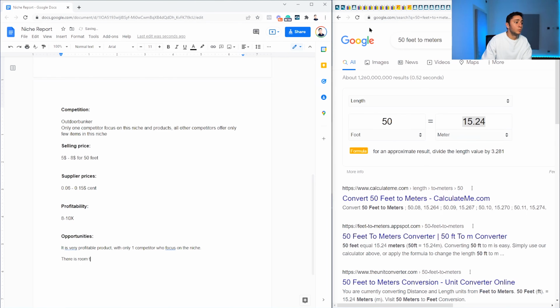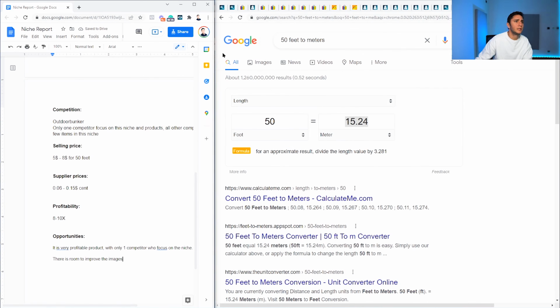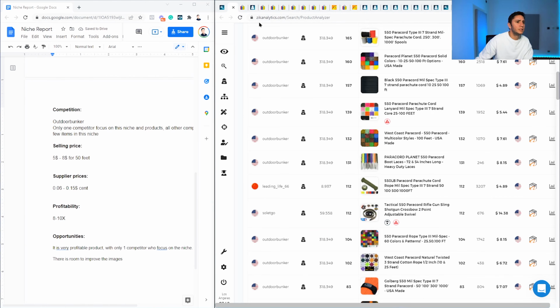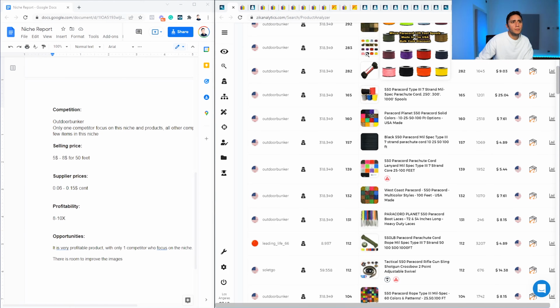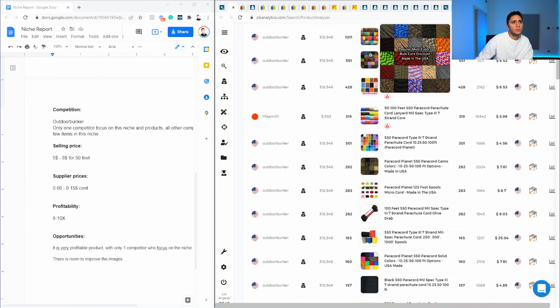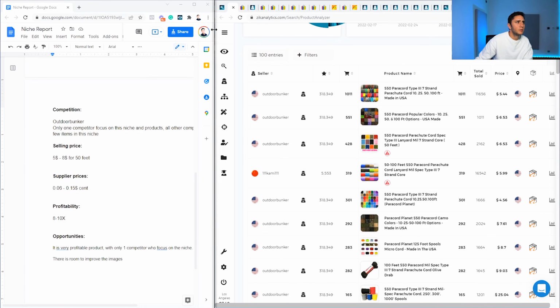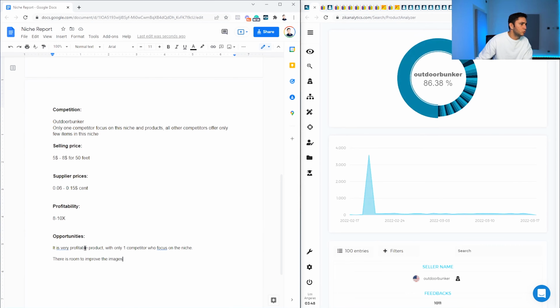There is room to improve the images. Always look at the images in the search result and what you see. If we see here, the images are not so good. You can brand it in a much better way, right? So there is room to improve the images, to add branding, or create bundles.